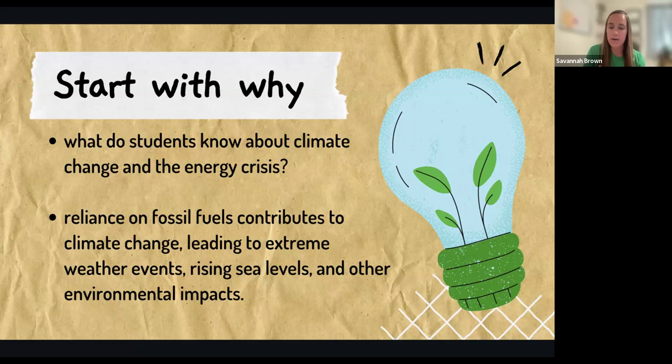And we're going to talk about how we can use this data to not just tell them, but to actually visually show them this is what could happen if we do not come up with strategies to mitigate these energy crisis problems. So starting with why, understanding very early what do my students already know about climate change and the energy crisis, and explain to them why this is important and help them understand that they are going to be part of the future and that they could have an impact on this.